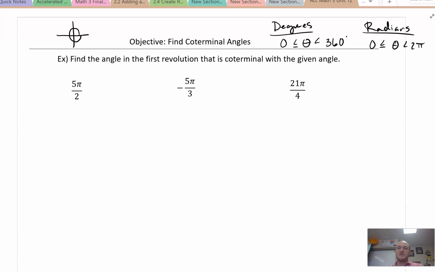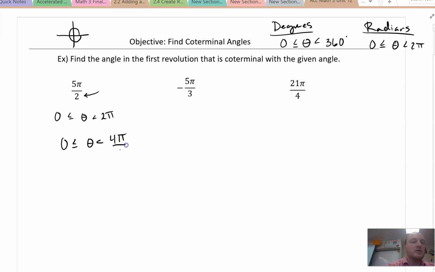So here it says find the angle in the first revolution that is coterminal with the given angle. So again, I want this angle to be between 0 and 2 pi. Notice I'm dealing with a 5 pi over 2 angle, so I want to adjust this. This is going to be between 0 and 4 pi over 2.